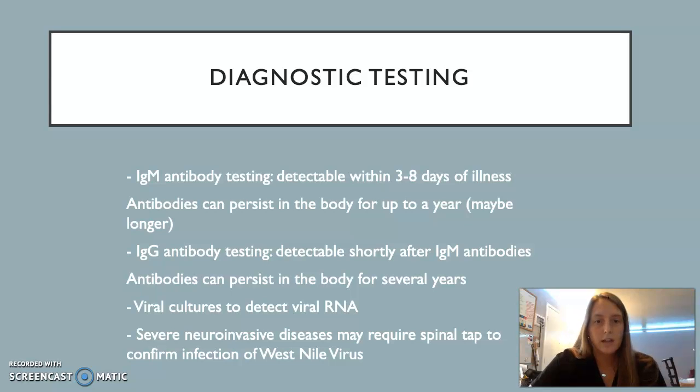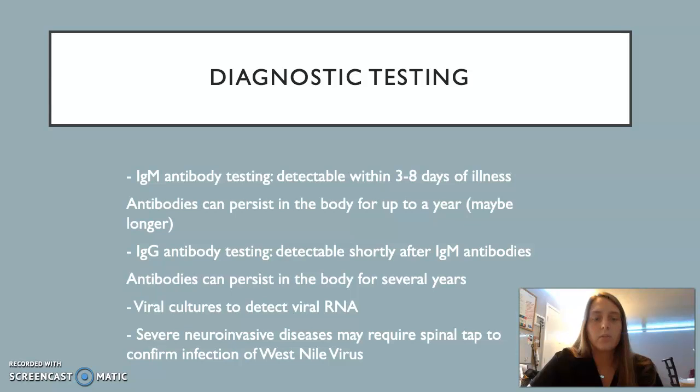So, the diagnostic testing. There's not a way to just look at someone and diagnose West Nile virus, because the symptoms are really the same as a lot of other things like flu. So you have to actually get tested for it and have blood drawn.